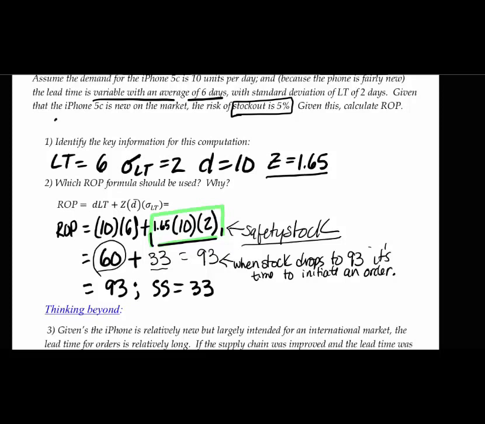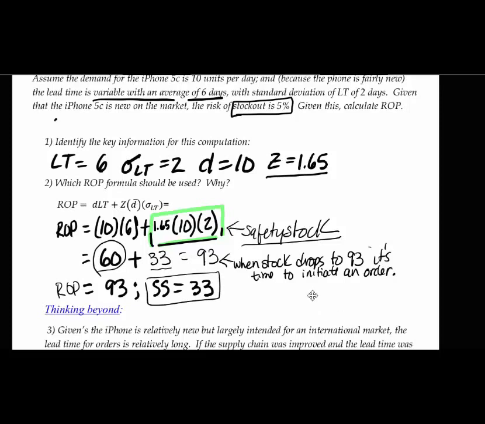So we need to have a little bit of extra there to meet demand on the chance that our stock arrives in 8 days instead of what we think of as 6. Thus, our reorder point is 93 and our safety stock is 33. And of course, this 33 is a part of the 93.